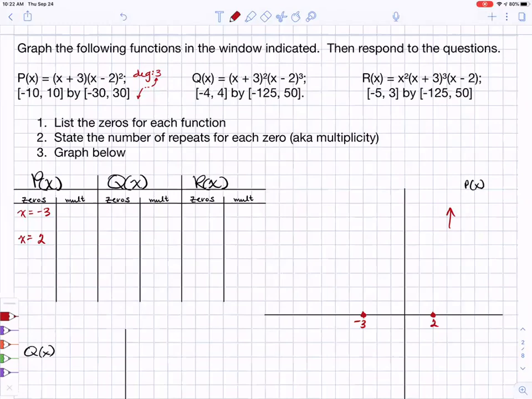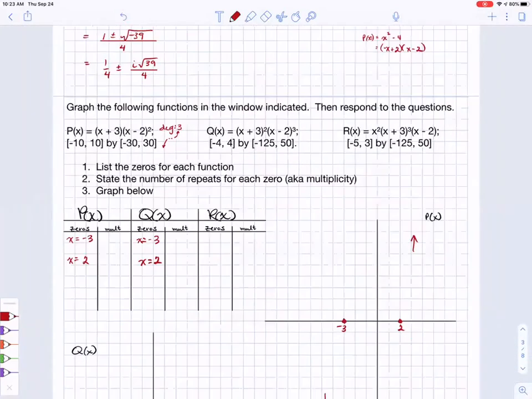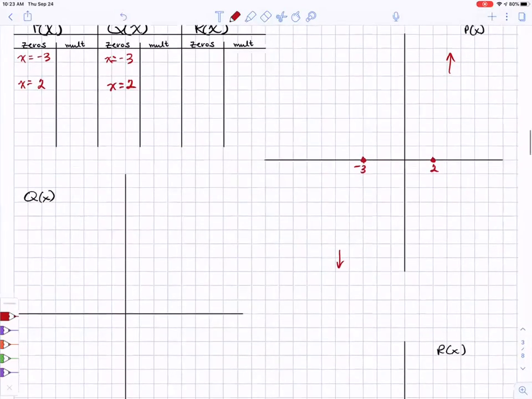All right, so let's take a look. I know that we haven't done everything that we're supposed to do yet for each one of these, but let's go to Q of X. So the Q of X group, what did you guys get for your zeros? Okay, interesting. So far it looks exactly like the P of X graph.